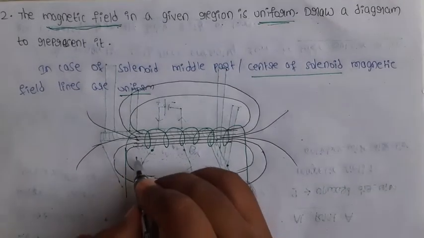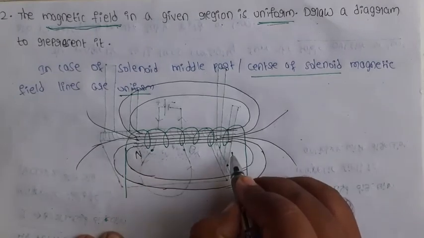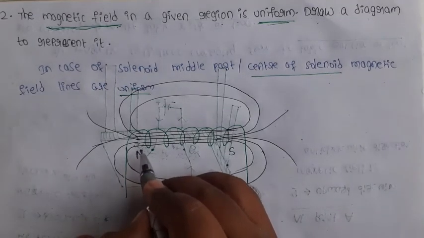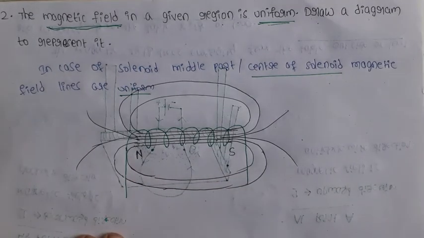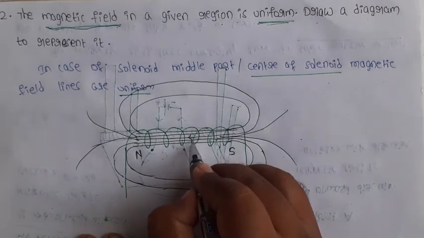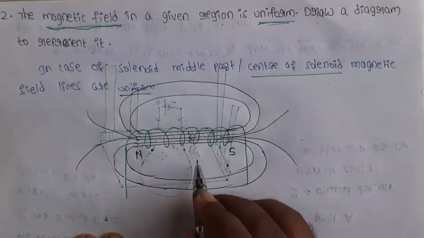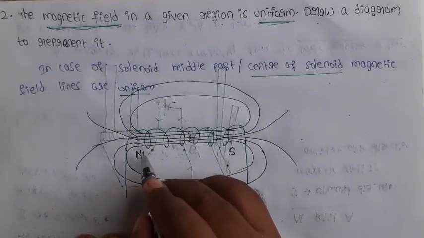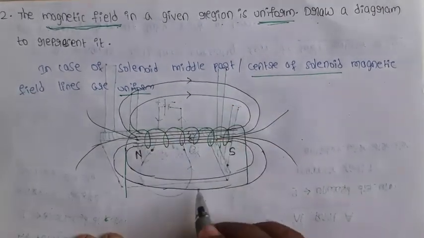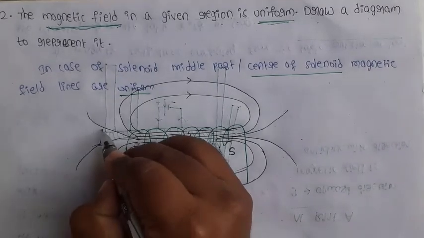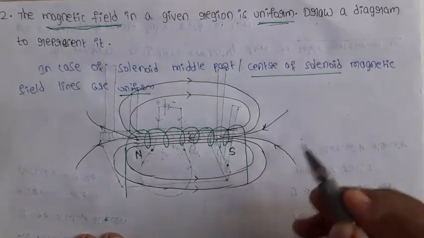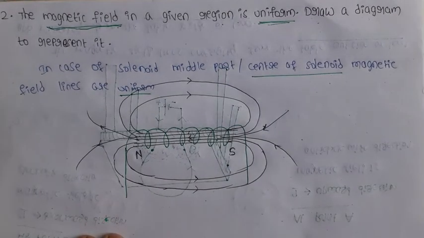So the solenoid has a north pole. One end is the north pole and the other end is the south pole. So in case of a solenoid, what is the direction of the magnetic field lines? Inside of the solenoid, magnetic field lines are in the south to north direction. What is the direction outside of the solenoid? North to south direction. Okay, this is the direction of the magnetic field lines.